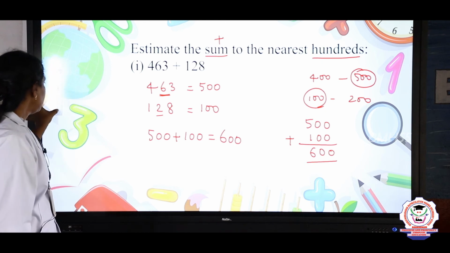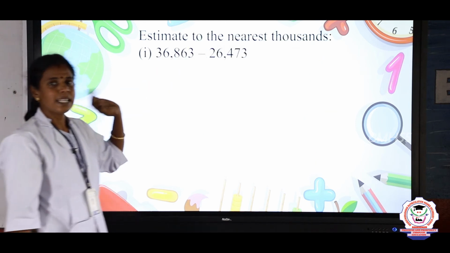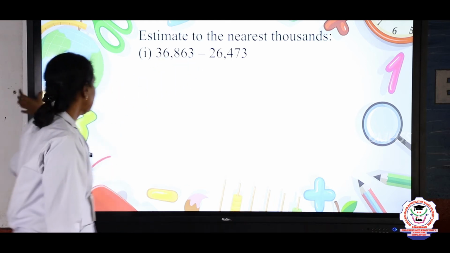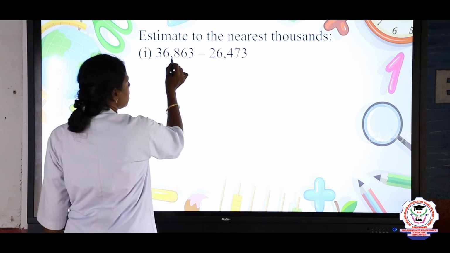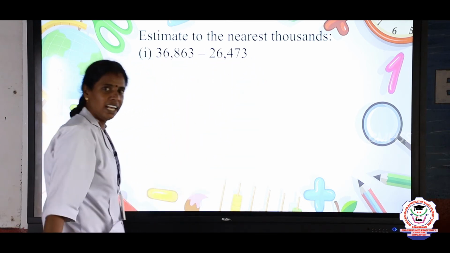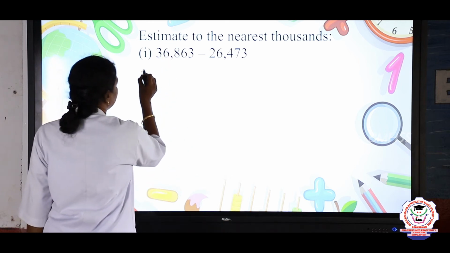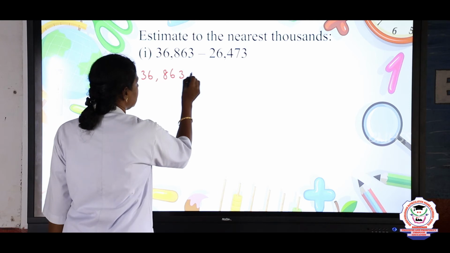Right. So in addition we have seen now. Now, next we are going to see subtraction. Estimate to the nearest thousands. See, 36,863 minus 26,473. The first number, 36,863.